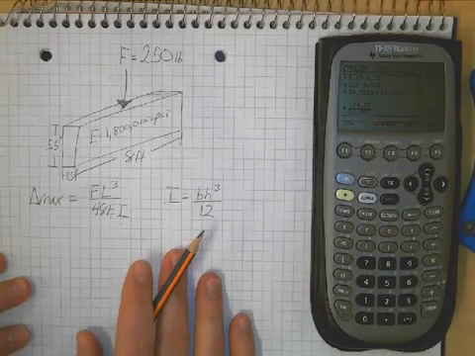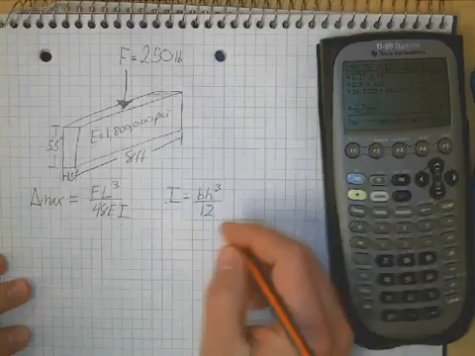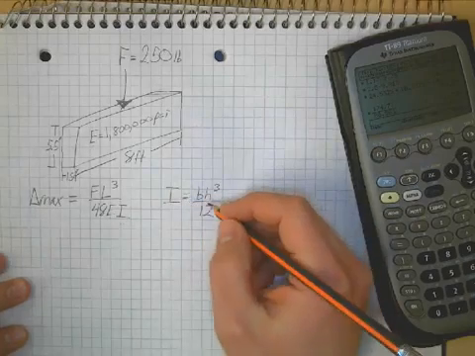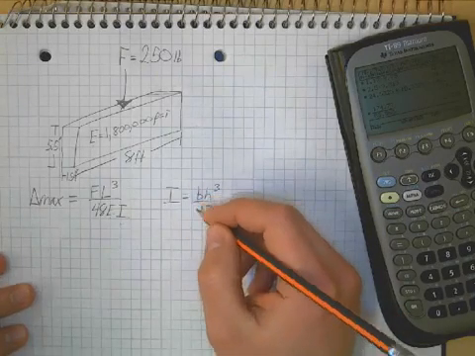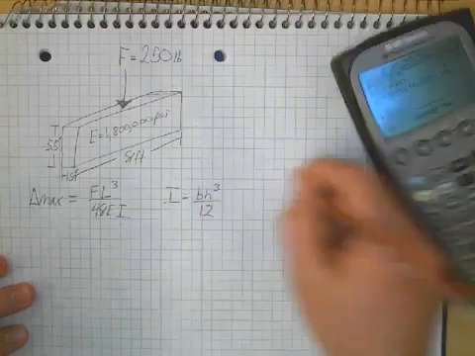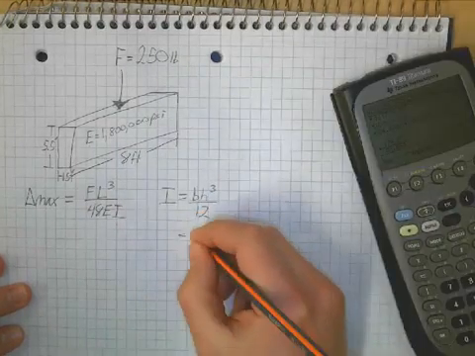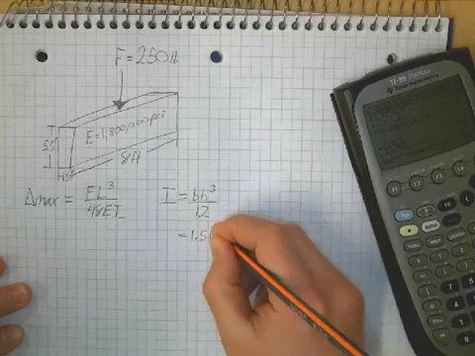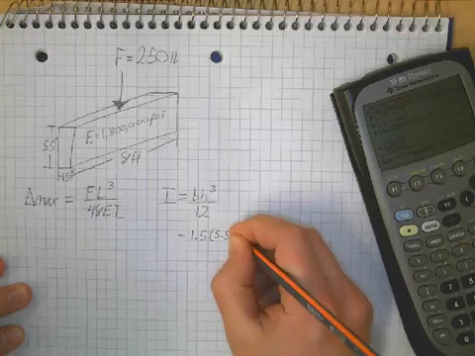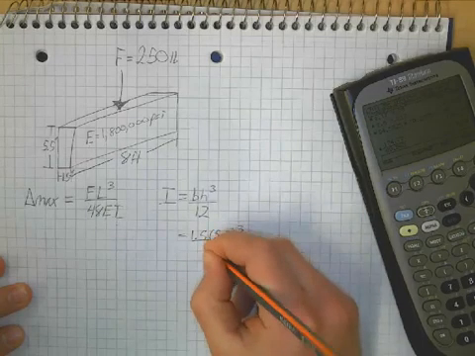Pretty straightforward. Let's just plug it in and make sure we know what we're doing. So if I plug in my numbers for moment of inertia, I have 1.5 times 5.5 cubed divided by 12.